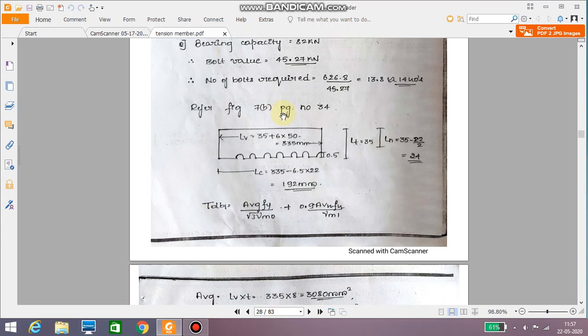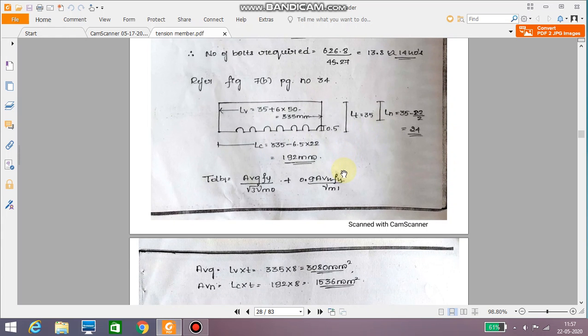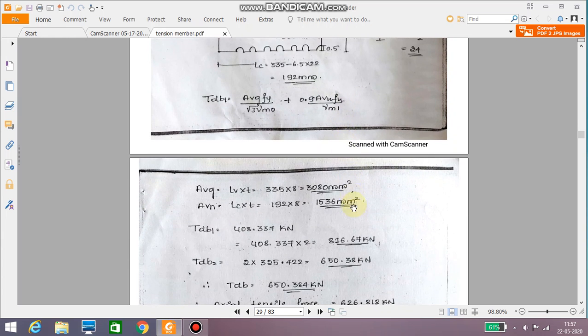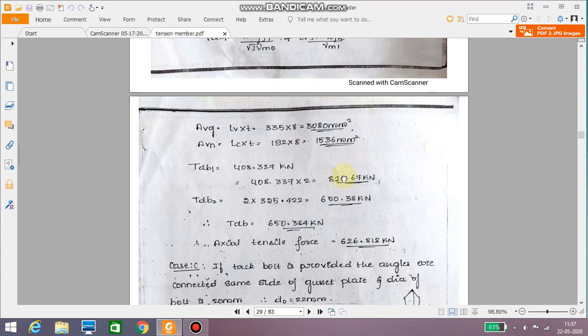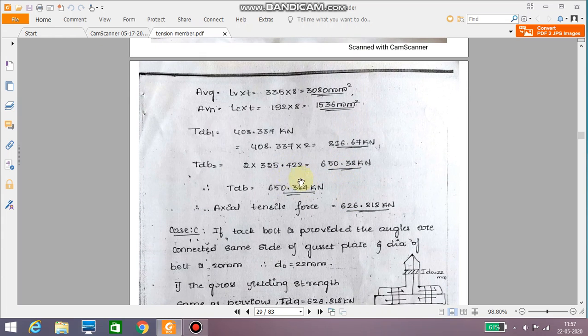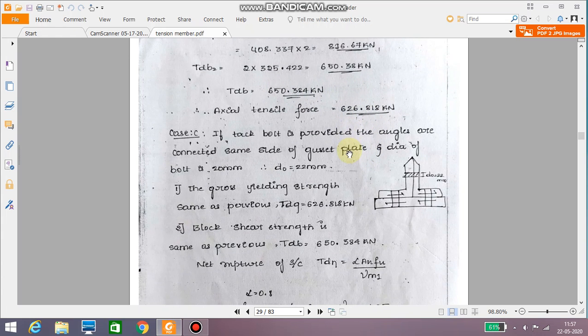So by referring to the figure 7b of page number 34, you calculate these values Lv, Lc, then Ln and Lt. So after calculating, you calculate Tdb1 and Tdb2. Okay. Then you get the axial tensile force or tension capacity as same 626.818 kilonewton itself.